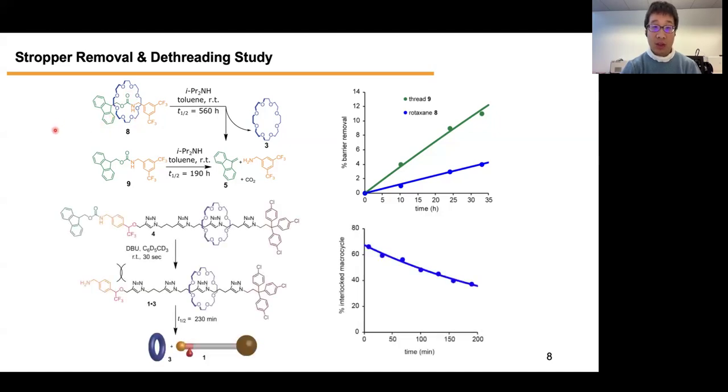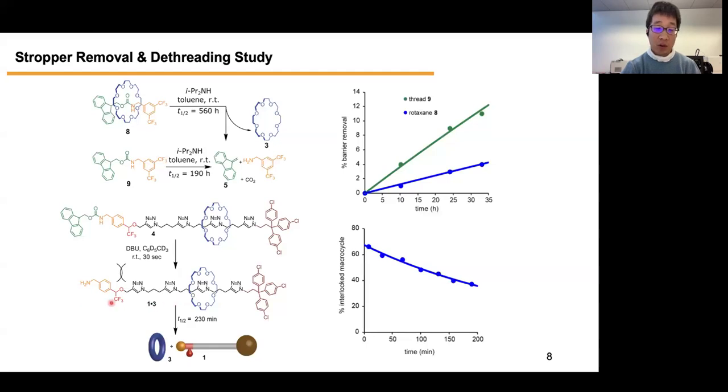And the last step is the threading. So for studying this, we used this interlocked structure and subjected it to a strong basic condition to remove this blocking group quickly to form this interlocked species without the blocking group, and then observed the half-life of this species, and it was around 230 minutes, and this is much slower than the time scale of the attachment of the blocking group.